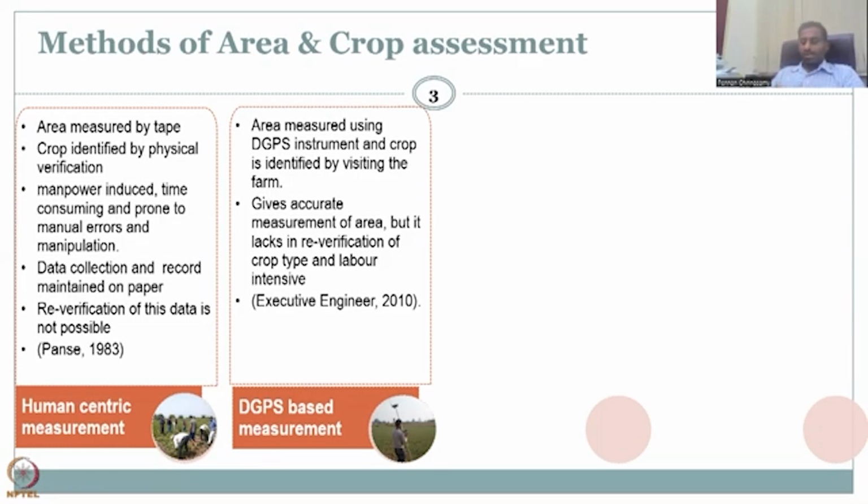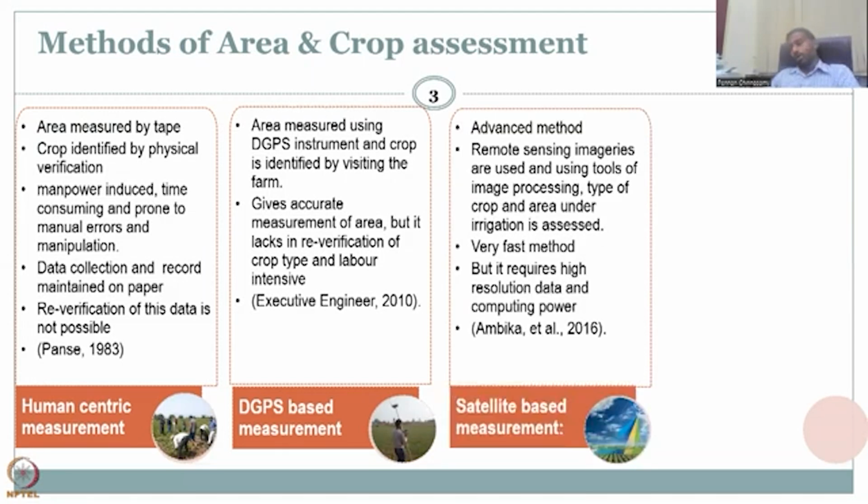And then we have the DGPS method, where differential GPS measurements are taken around. But the quickest, least costly, or even free and open source option, I would say, is the remote sensing based estimates. They're very fast and have high precision and accuracy compared to the other methods.